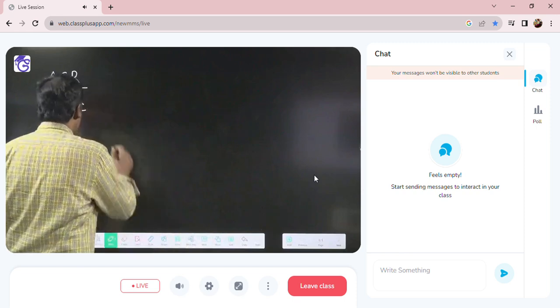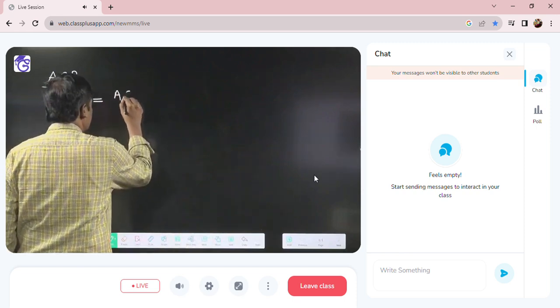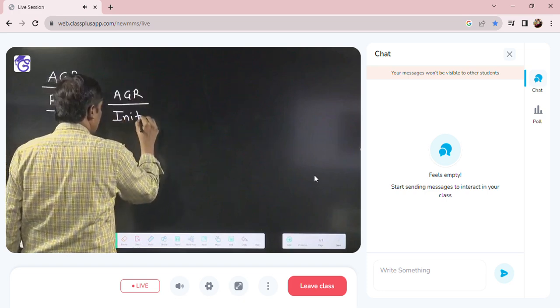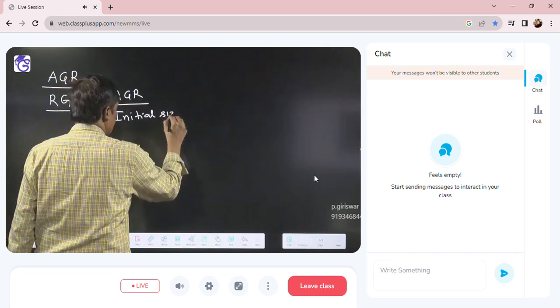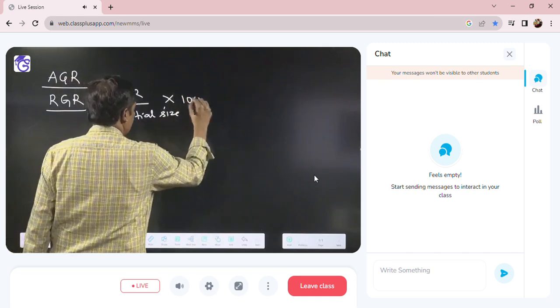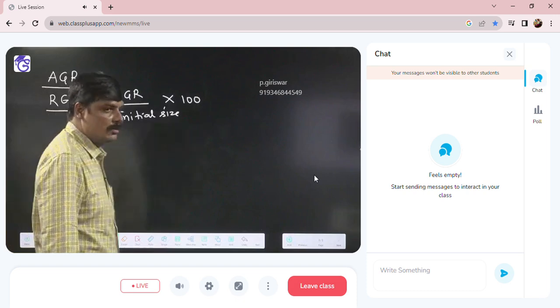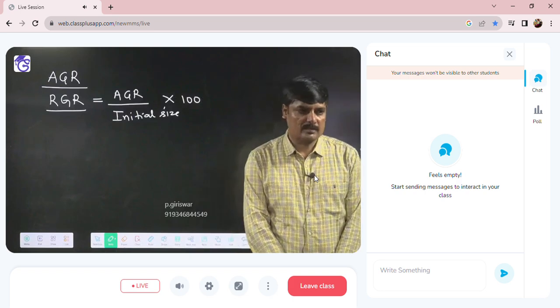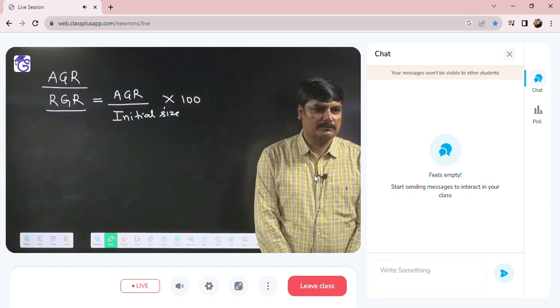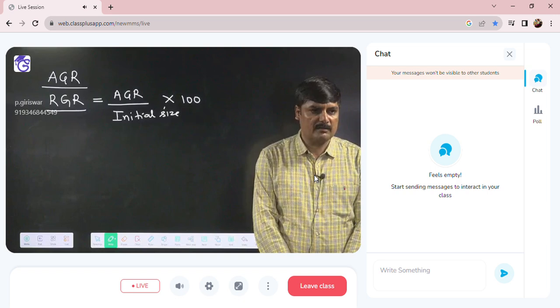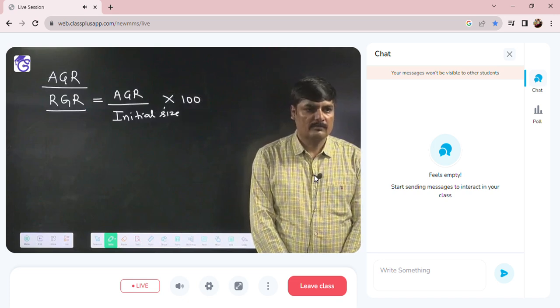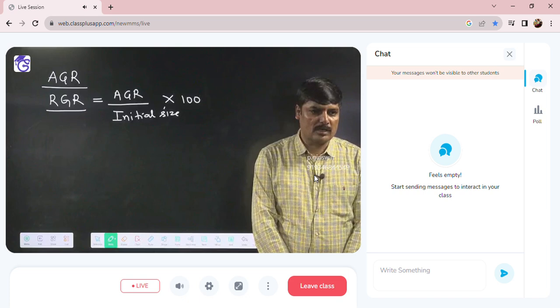Therefore, relative growth rate is equal to absolute growth rate divided by initial size, into 100. Students, I think you understood regarding RGR and AGR, because some students are asking what is RGR and what is AGR. Clear now?